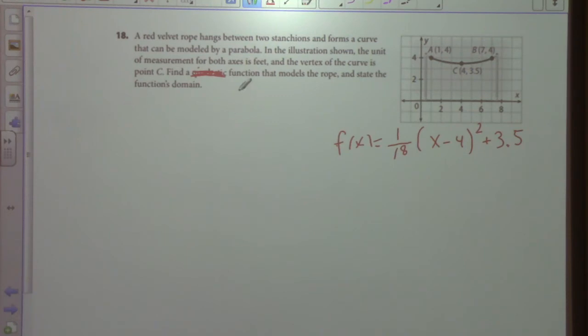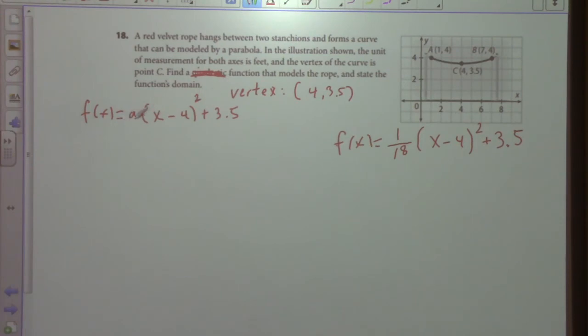Now again, we have our vertex. What is our vertex going to be? 4, 3.5, right? And so our basic function is going to be f of x equals a times (x minus 4) squared plus 3.5, right?